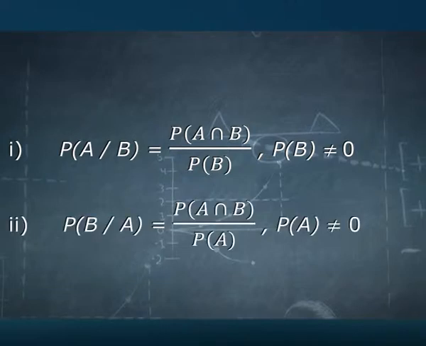Second, probability of B given A will be equal to probability of A intersection B divided by probability of A, where again probability of A is not equal to 0.